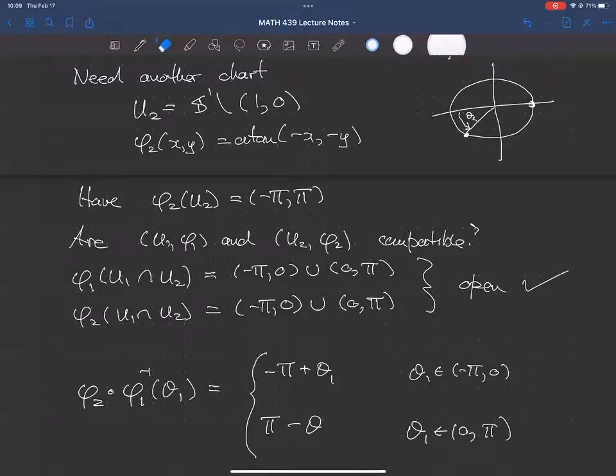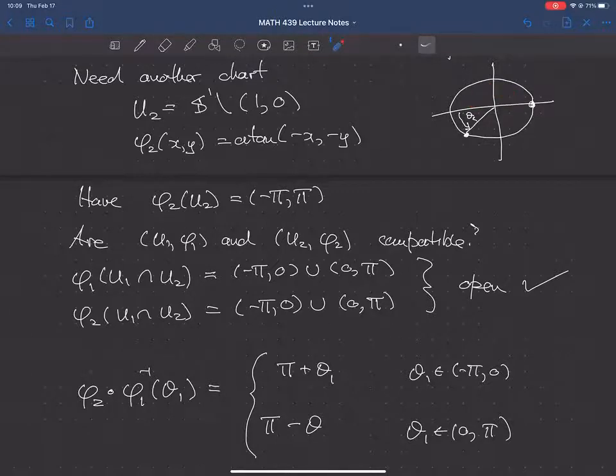Okay, so this one is going to be, let's see if I got the signs right. When theta 1 is minus pi, theta 2 is 0, which is correct. And then when theta 1 is 0, theta 2 is pi. Okay, that's good. Now let me do the other one. I have an angle here, which is theta 2. When theta 1 is pi, theta 2 is 0.